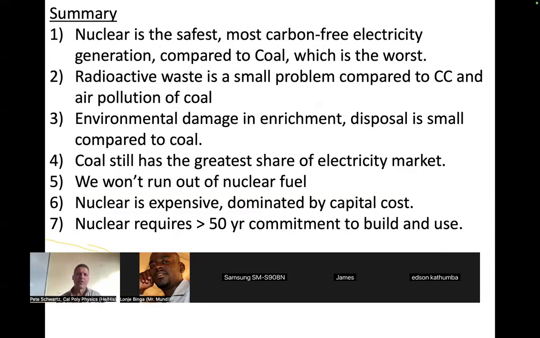All right, so I'm adding to our summary. Coal is still the greatest share of the electricity market. Boo! We won't run out of nuclear fuel, but nuclear is expensive. It's dominated by the capital cost. And nuclear requires a 50-year commitment.